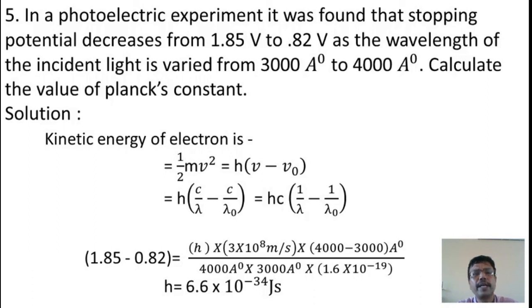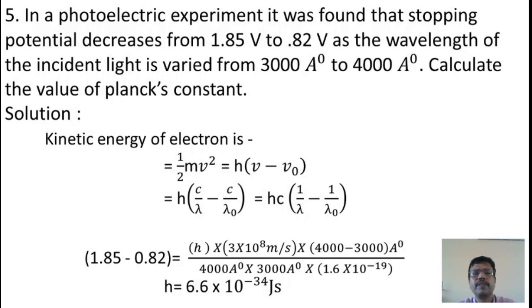Immediately, kinetic energy 1 is equal to 1.85 electron volt and kinetic energy 2 is 0.82 electron volt. The wavelength of the incident light, lambda 1, is 3000 angstrom, that is 3000 into 10 power minus 10 meter. Lambda 2 is 4000 angstrom, that is 4000 into 10 power minus 10 meter.